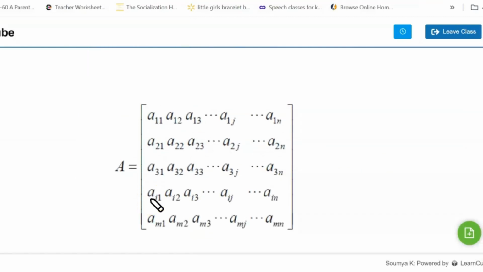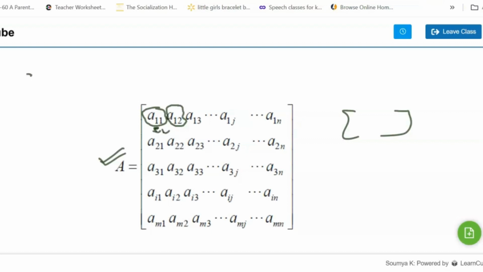Before going to the orders, let's know about this. Consider A is the name of your matrix, and this rectangular bracket symbol outside of the elements is known as a matrix. Usually this is the symbol that we use for the arrangement of matrix elements. Here you can see the first element is A11, and A12 is the second element. So what does it mean? It means this element is in the first row, first column.